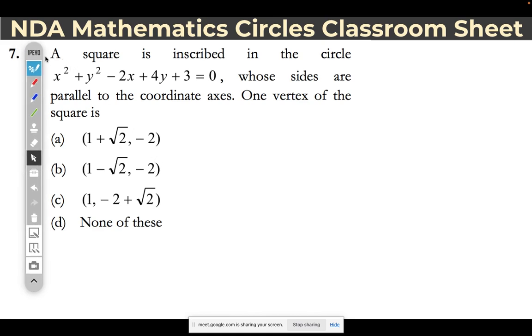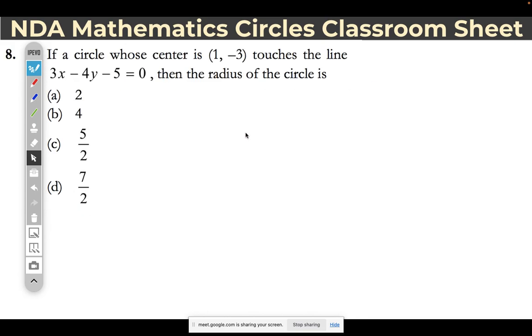Solve it. You can do this, it is easy. There are many questions, so we have to rush forward a bit. You can also do it this way: distance will be equal to radius, right?